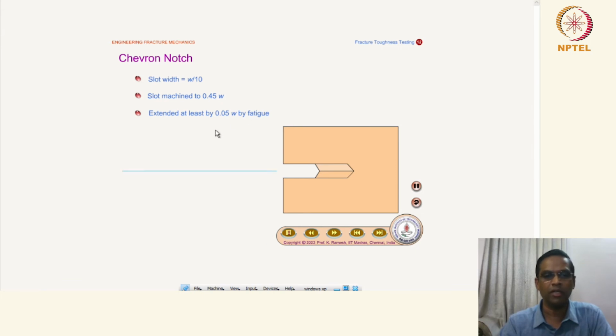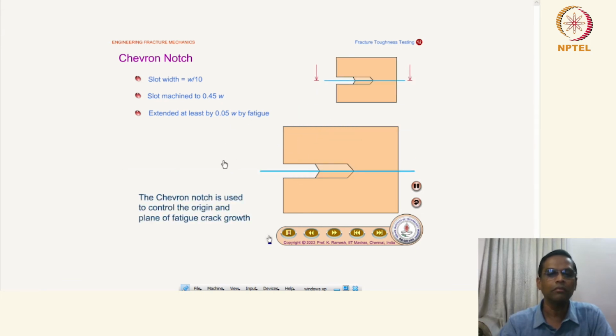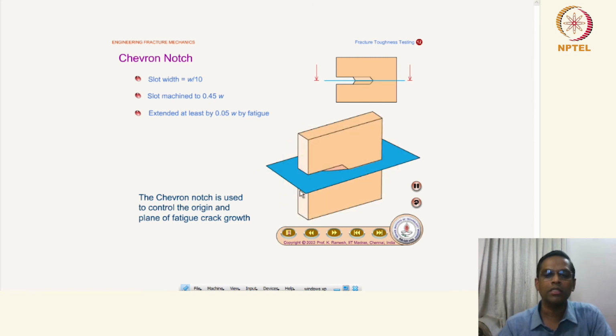So to understand this geometry, you should cut this specimen in the plane perpendicular to the screen. This chevron notch is used to control the origin and plane of the fatigue crack growth. So in this plane the fatigue crack will grow, and then we will try to cut this plane like this, and then we will see how it looks.